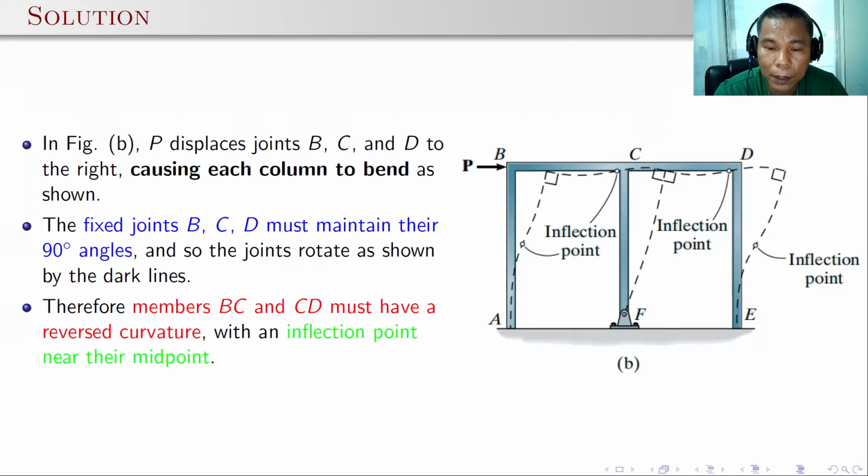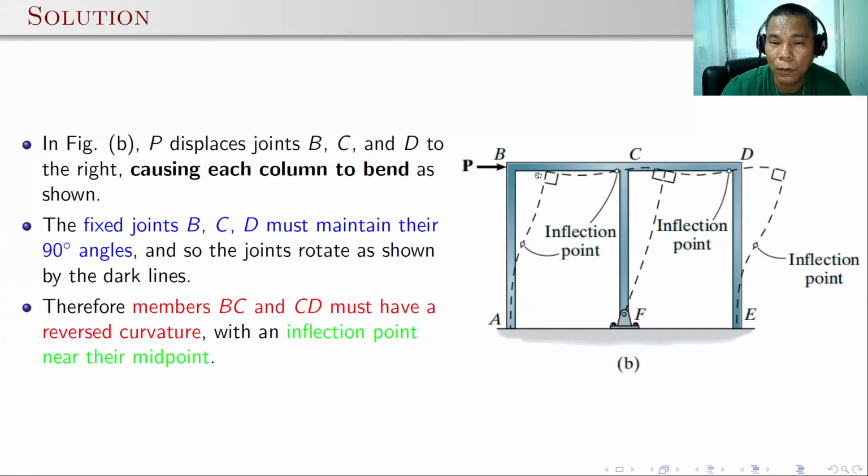For this particular frame, as you can imagine again, supports A and E are both fixed supports, so the elastic curves will be tangent to the members, except for support F, which is a roller support, free to rotate. So in this particular case, this column will have no inflection point except for the outer columns AB and DE, because we need to maintain the rigidity of the joints at B, C, and D. Since initially it's 90 degrees, then it must remain 90 degrees.